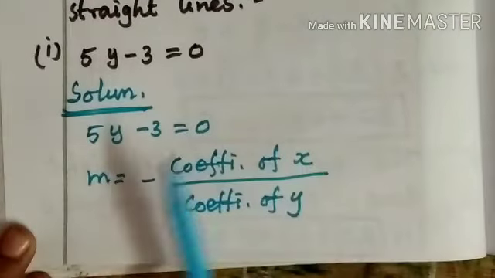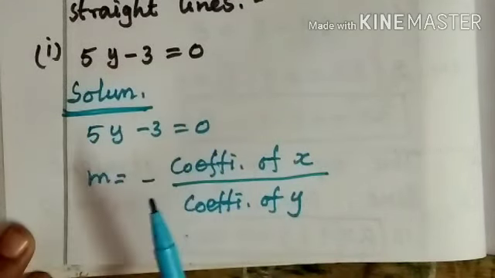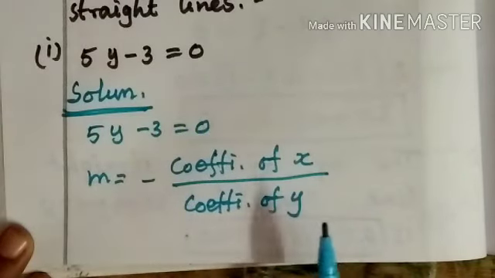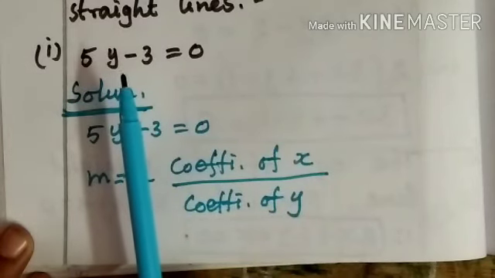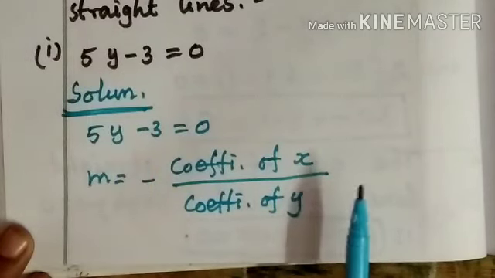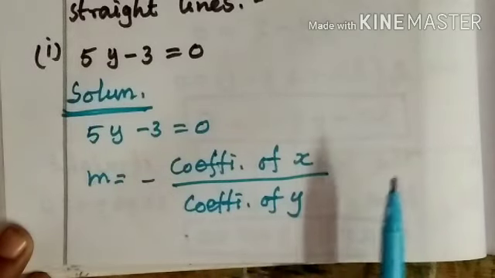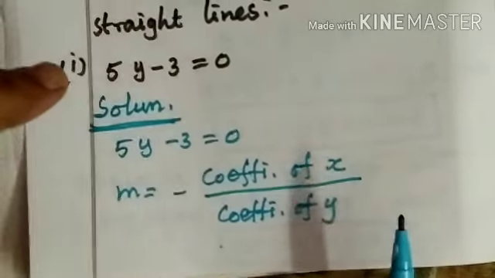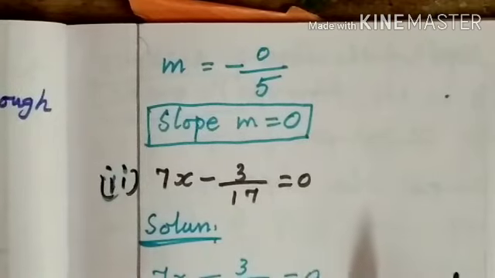Solution: when the equation is given, you have to apply the slope formula, m is equal to minus coefficient of x by coefficient of y. Here the x term is not given, so the x coefficient is 0 and the y coefficient is 5. Therefore, minus 0 by 5 we get 0. Therefore, slope m is equal to 0.